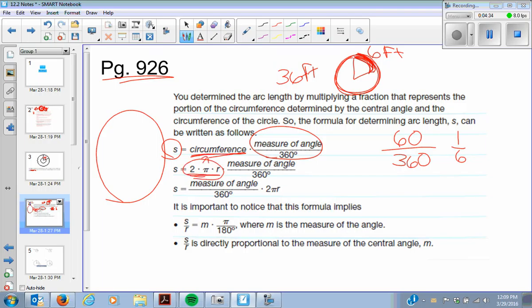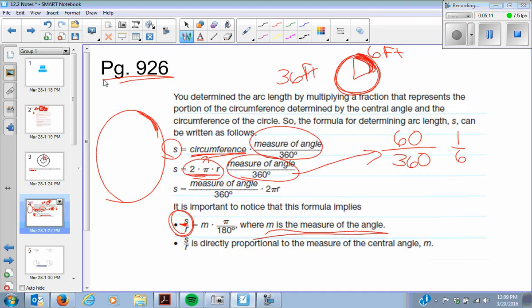That still represents the circumference, and this still represents that fraction of the portion of the circumference that the arc is representing. So it's important to note that the formula also implies that if you take the length of that arc and divide it by the radius, it's equal to m times pi over 180, where m is the measure of the angle.